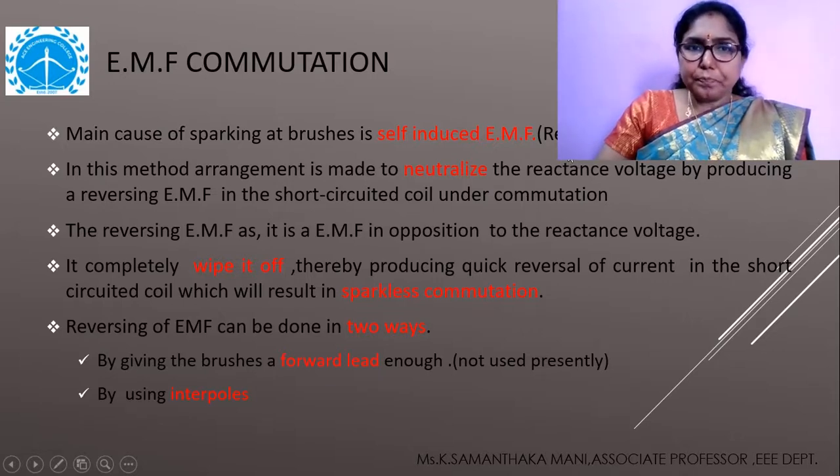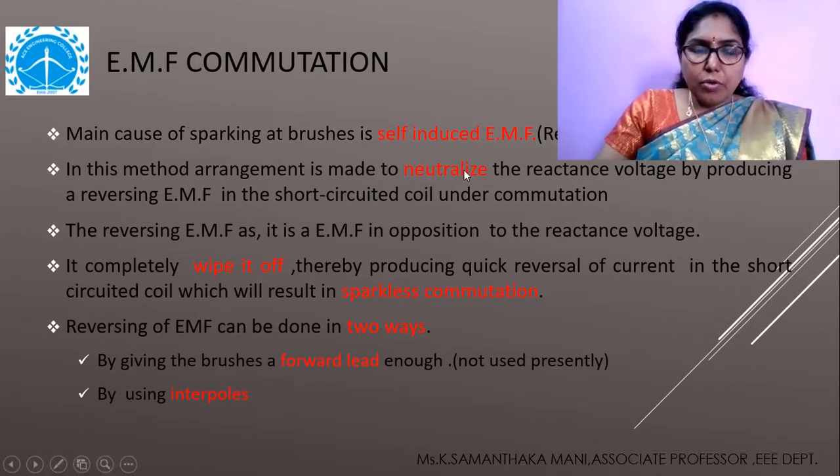So for this, another method of commutation is known as EMF commutation. In this method, we are going to neutralize whatever EMF is induced in the short circuited coil, which is called the reactance voltage, by producing the same amount of induced EMF in the opposite direction, so that the positive EMF and negative EMF get cancelled, and ideal commutation can be obtained.